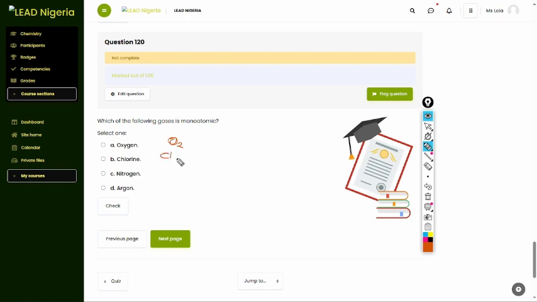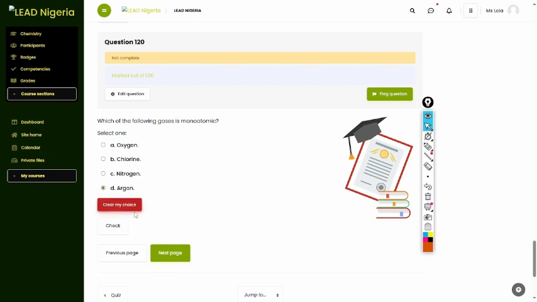Chlorine is a non-metal that is also stable when two chlorine atoms come together to give a chlorine molecule. Nitrogen is also a non-metal that is stable as nitrogen gas, N2. Now, argon is a noble gas which is unreactive, so it can stand on its own as a monoatomic element. So the answer is argon. Let's go with argon. Correct answer.